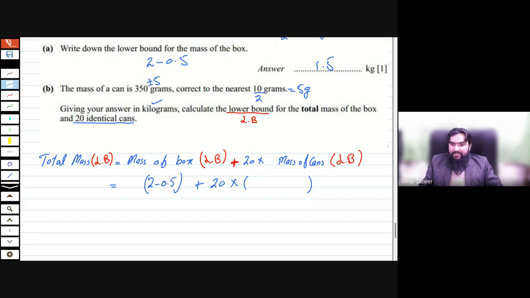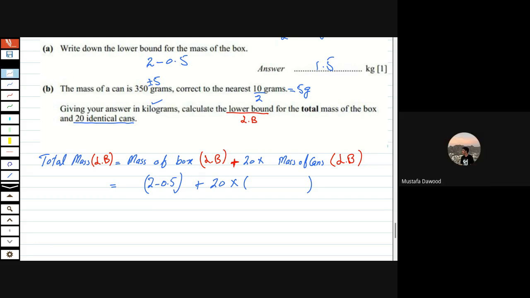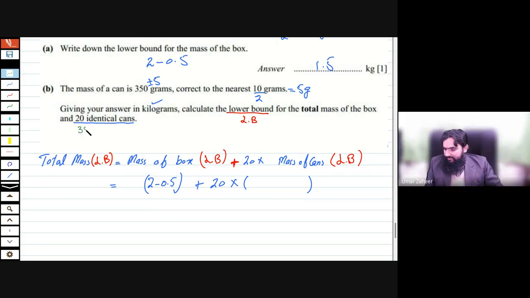So we are going to convert into kilograms. Can anyone tell me how we can convert 350 into kilograms? So we'll divide it by 1000. So we have 350 divided by 1000, it will become 0.35 kilograms.